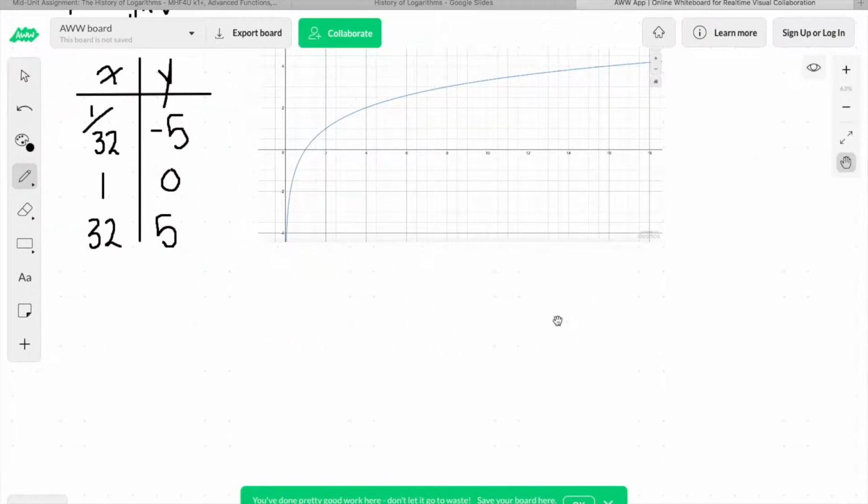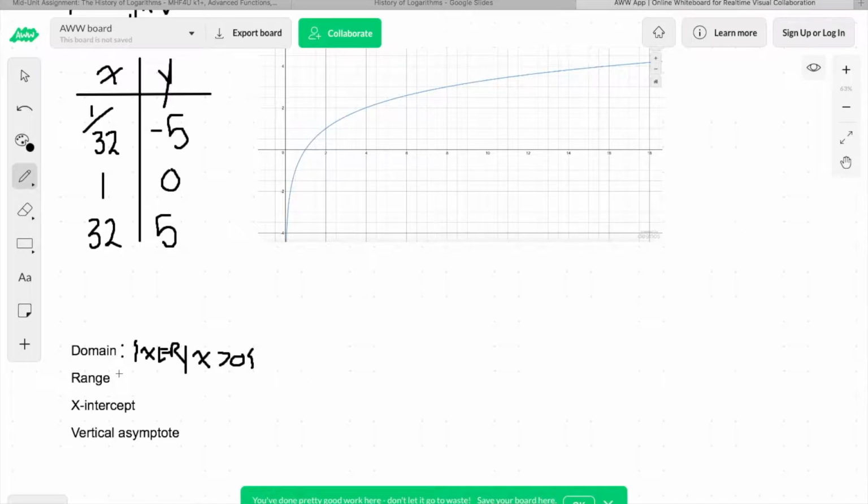Next, we're going to look at some of the properties that I came up with looking at this graph. The domain of this function is x ∈ R, x is any real number, but x is greater than 0, as you can see by looking at the graph. For the range, y is an element of any real number, so there's no restriction placed on the range.